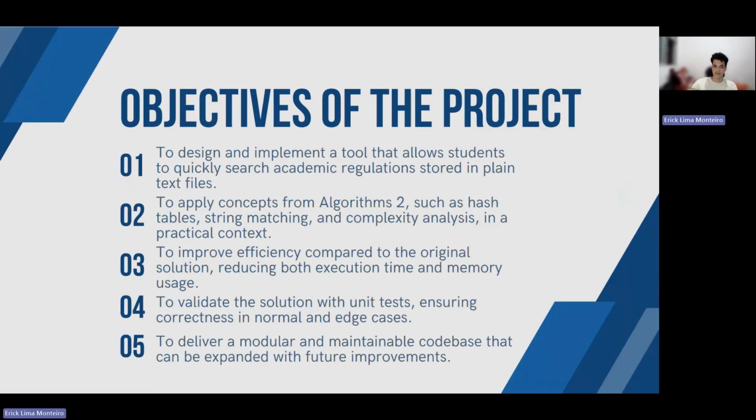The objectives of the project are clear. First, to build a tool to help students search academic regulations quickly. Second, to apply concepts from algorithm courses, such as hash tables, string matching, complexity analysis, KMP, and others. Third, to improve efficiency compared to the original solution, both in speed and memory.